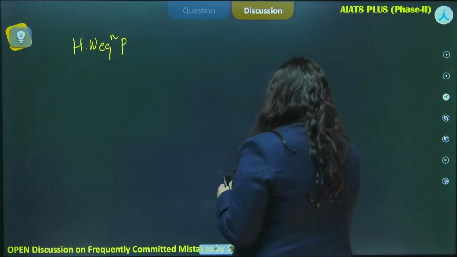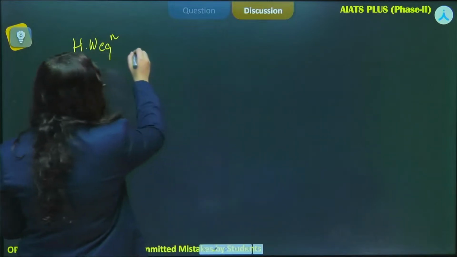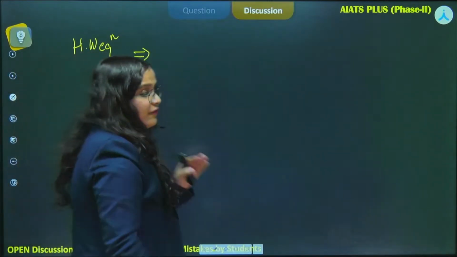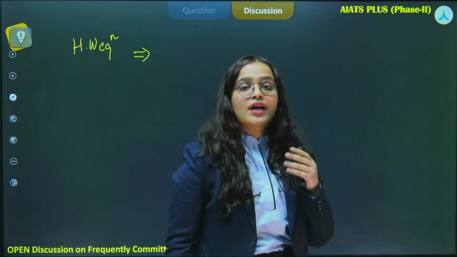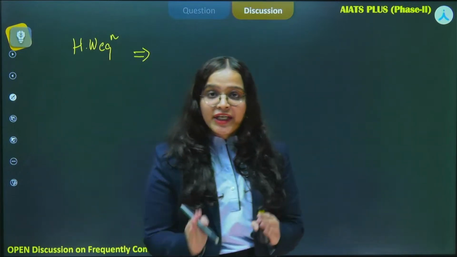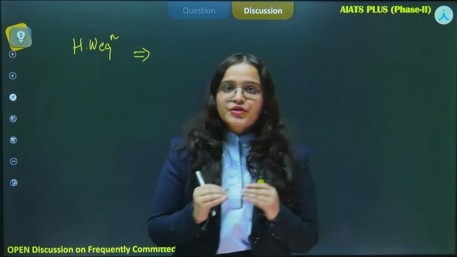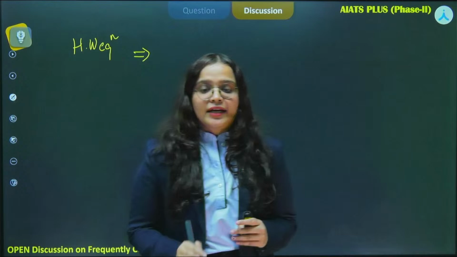Alright? So what these two scientists stated is that if evolution is not occurring in a given population, then the gene pool of that particular population will maintain an equilibrium.